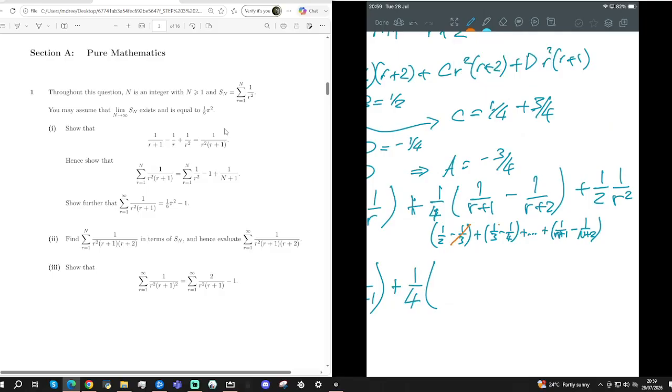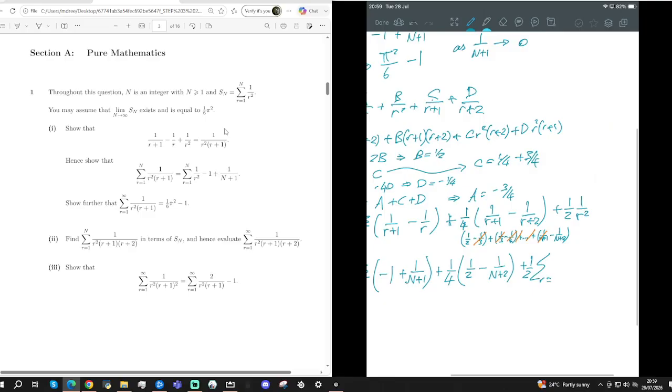Things cancel, the third cancels, the quarter cancels all the way up. The n plus 1 will cancel with the previous, and that's what I'm left with. So I'll be left with a half minus 1 over n plus 2 plus half the sum from r equals 1 to capital N of 1 over r squared.